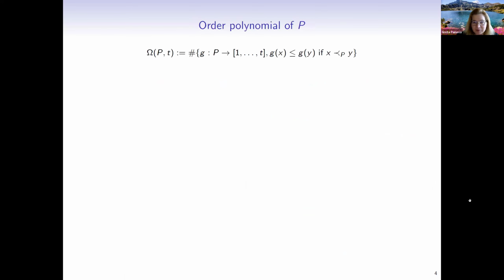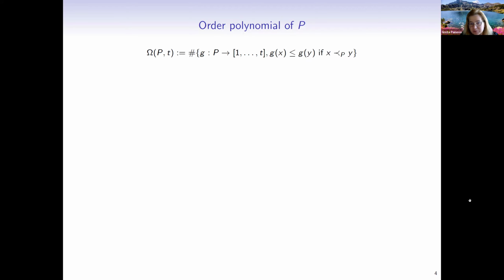Okay, so the notion of linear extension can be generalized. So this time we are mapping the elements of the poset to the elements of the interval from 1 up to t. t has to be an integer here. And they should respect the partial order in our poset.